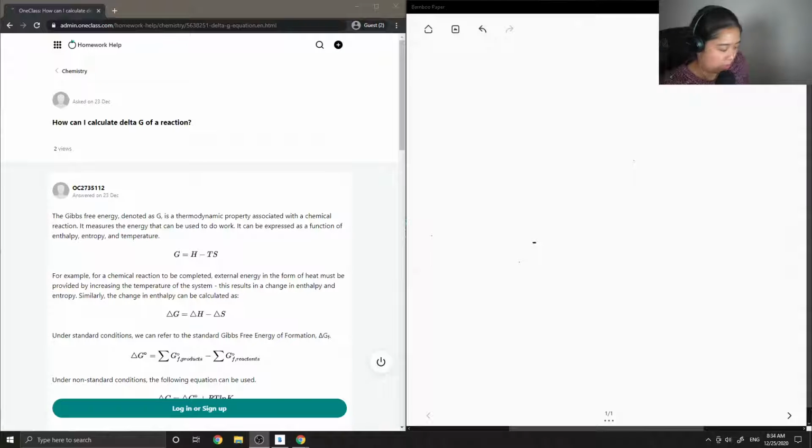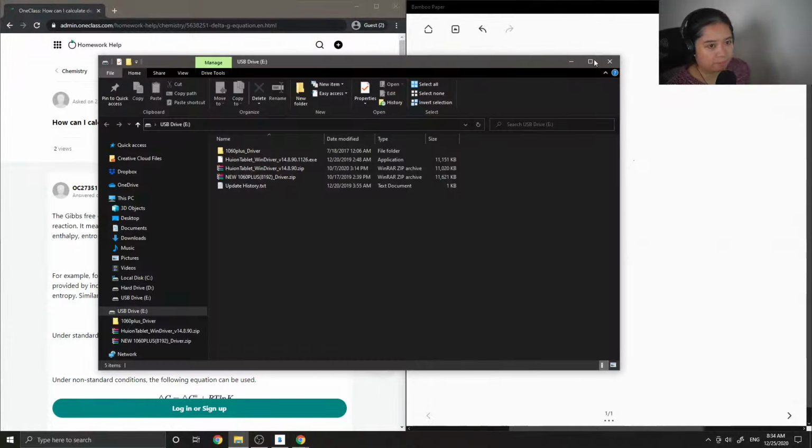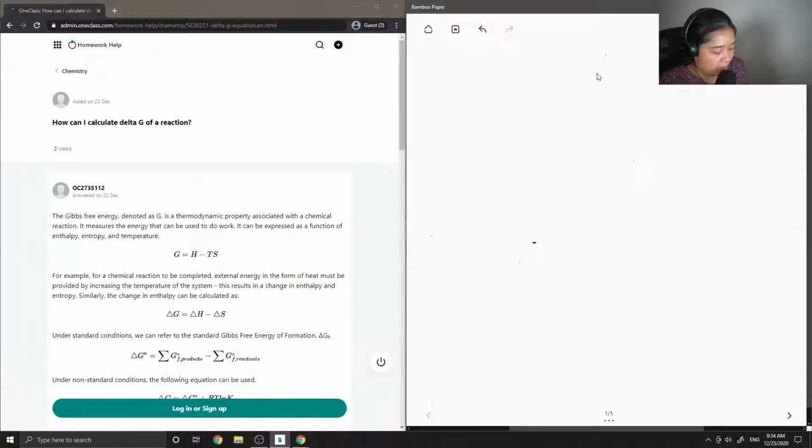Okay, so question number 1 asks, how can I calculate the delta G of a reaction? Okay, so first let's define what delta G is. It is the change in Gibbs free energy.